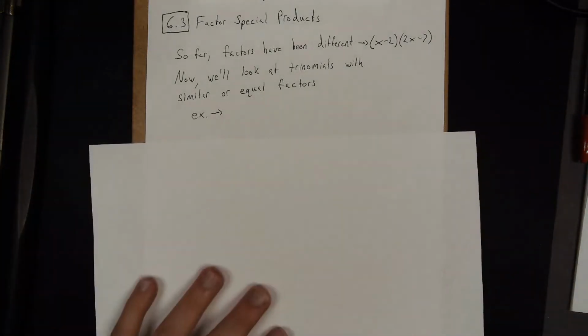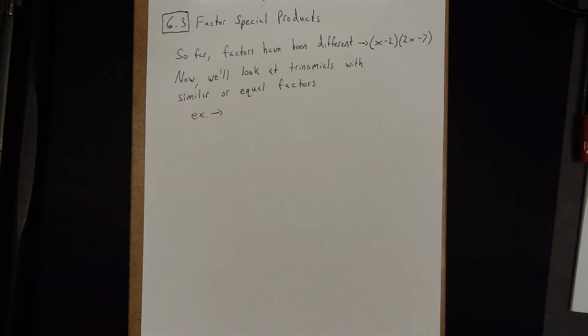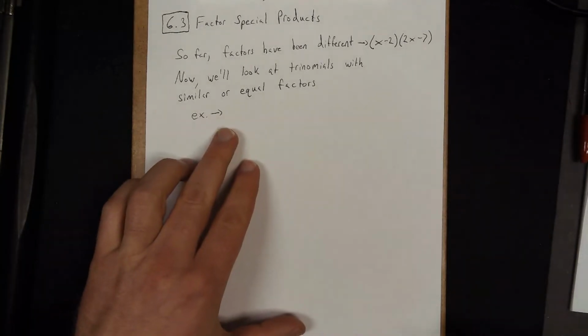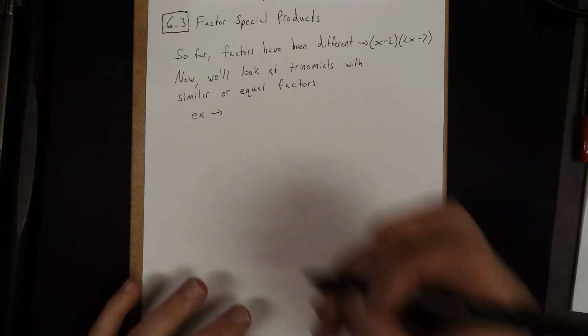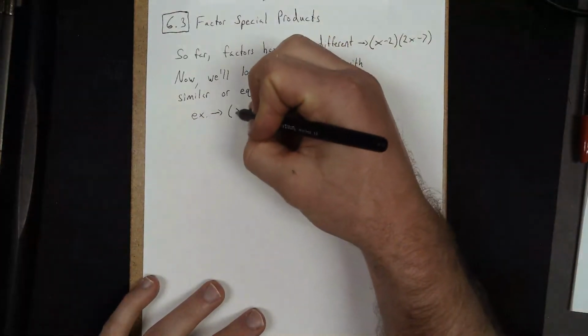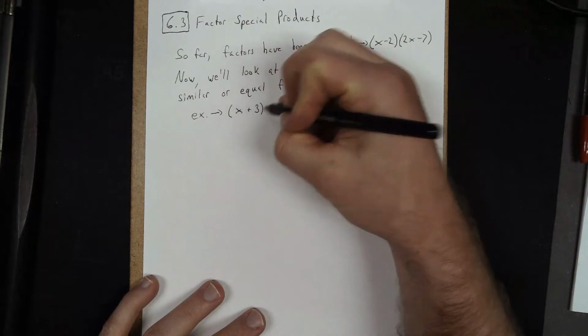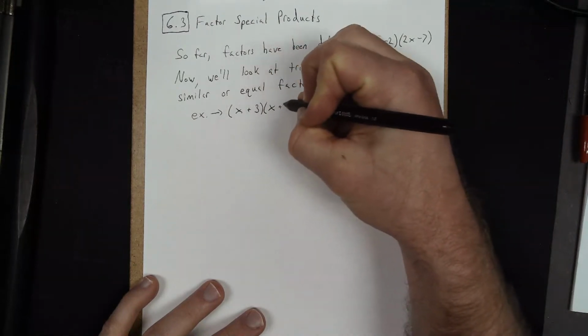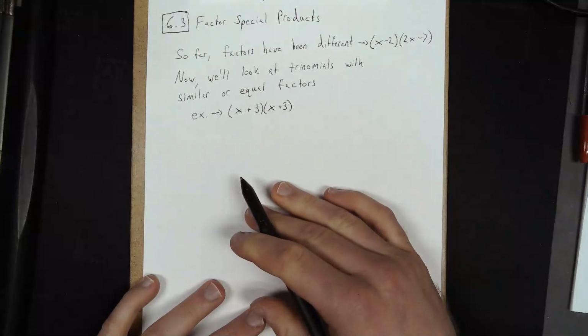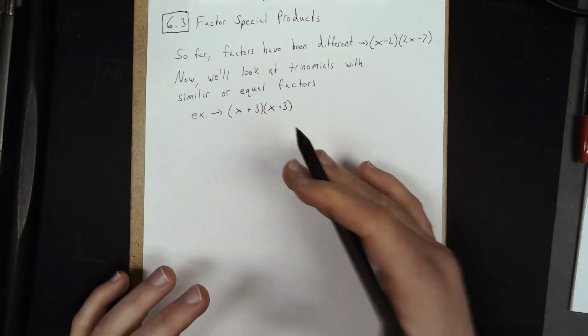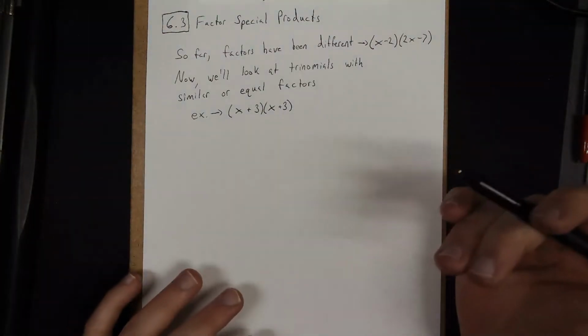An example of a trinomial with equal or similar factors is, well, you might have guessed it, something like x plus 3 times x plus 3. Those are equal factors. We haven't seen something like that yet.